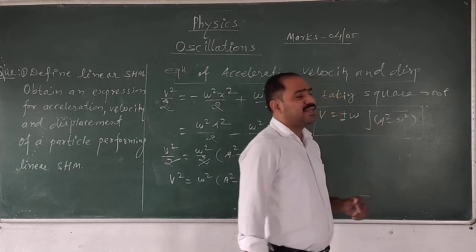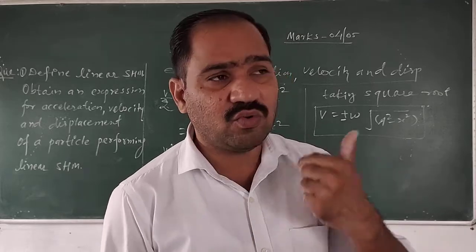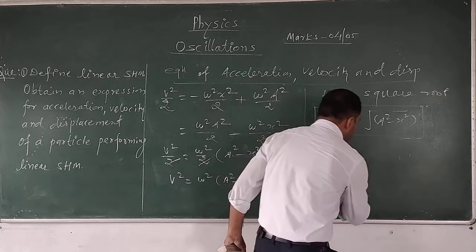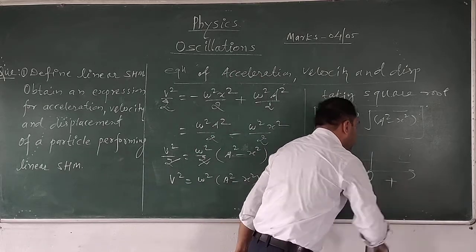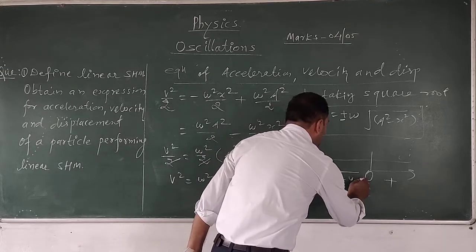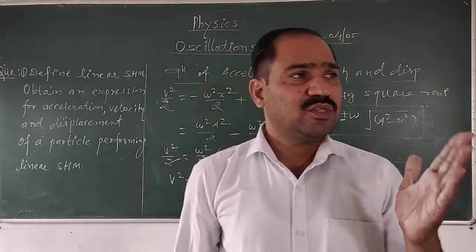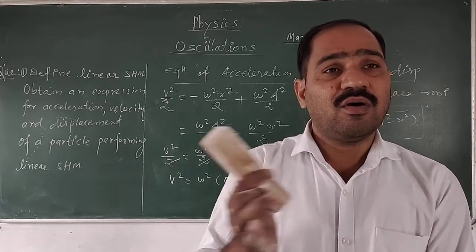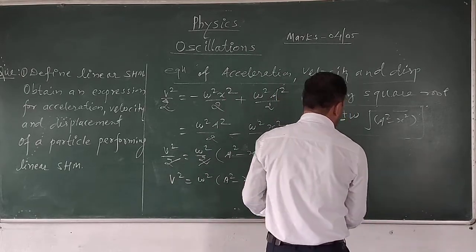Here capital A indicates the amplitude of the simple harmonic motion. x is the displacement, but here the plus or minus sign means if the particle moves towards the right side, it is calculated as positive; where it moves towards the negative side, it is negative. So both negative and positive sides are given. Apply the sign depending on the oscillations of the particle on the left or the right side of the mean position.